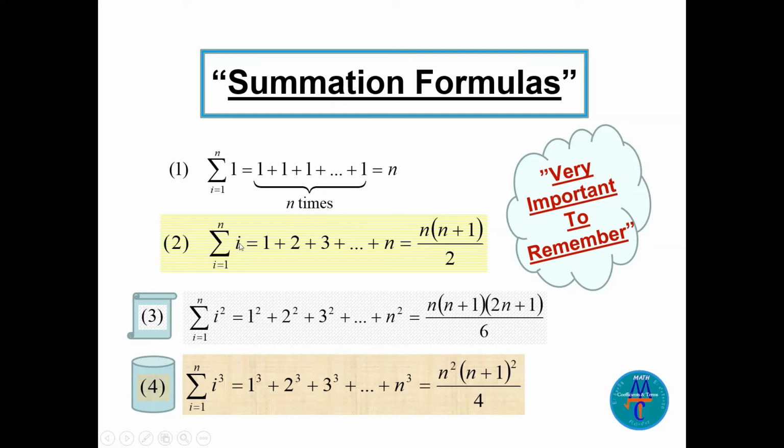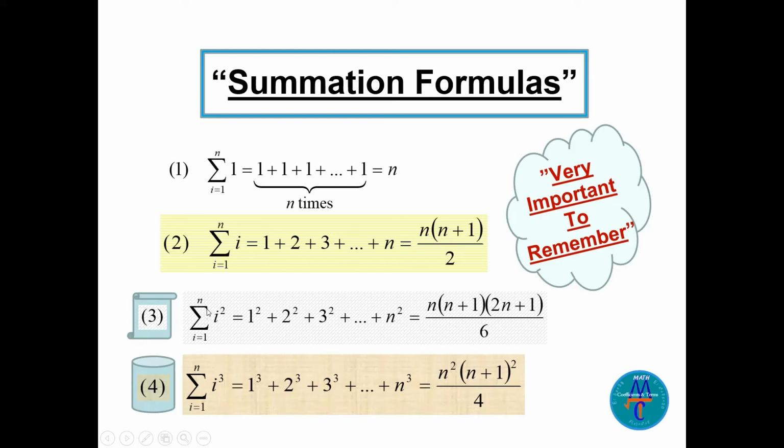If we have summation of i, i equals 1 to n, this is the second formula. It will be 1 plus 2 plus 3 plus 4 plus 5 plus 6 up to n. It will be the formula n times n plus 1 over 2. So if you need to add the first 10 numbers, it will be 1 plus 2 plus 3 plus 4 plus 5 until 10. So it will be 10 times 10 plus 1 over 2.